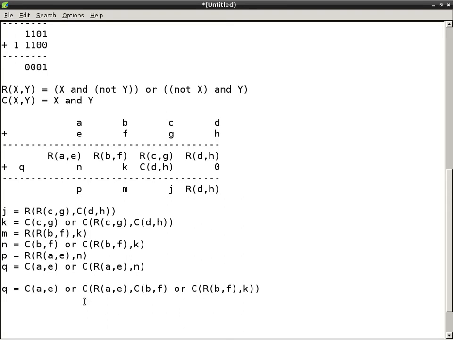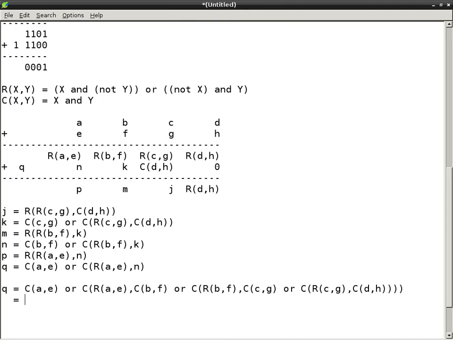Anything that is not A, B, C, D, E, F, G, H, we have to replace until everything is expressed as A, B, C, D, E, F, G, H. It has bit k here that is not A through H. Let's see how k is defined. K is defined like this. Replace it like this. Okay, so now I think we have A through H only. And then the next thing you do is you expand the carry flag as a conjunction, and then the R flag as the way we define it.